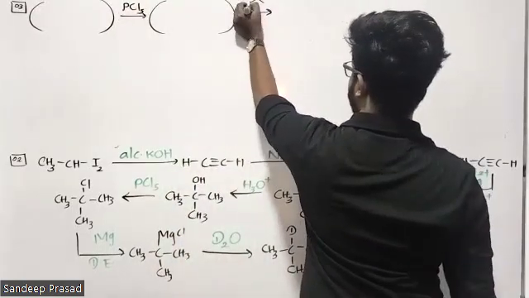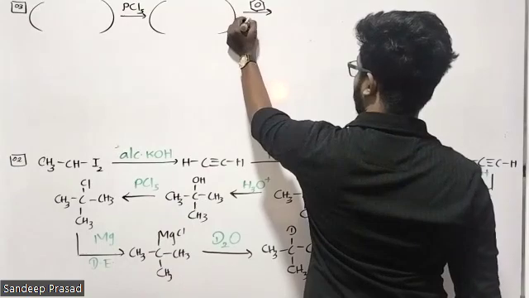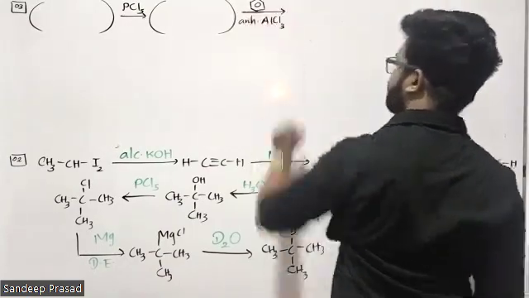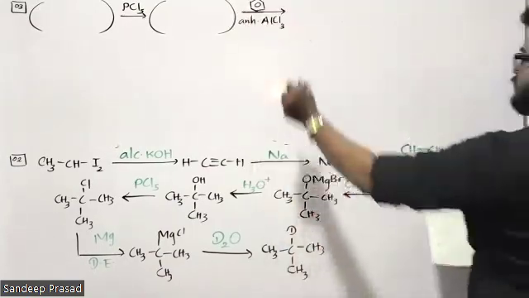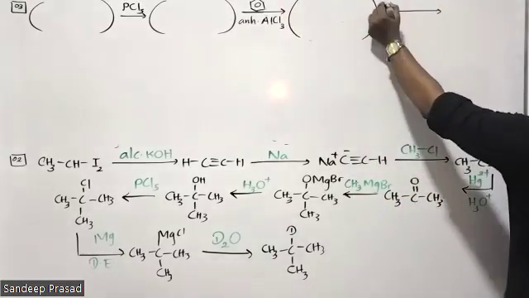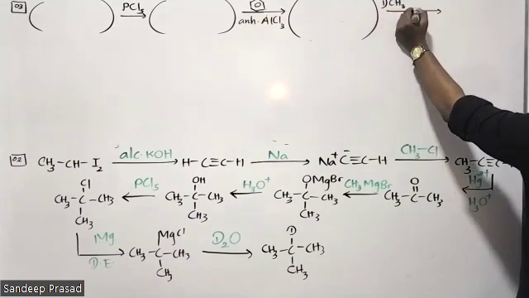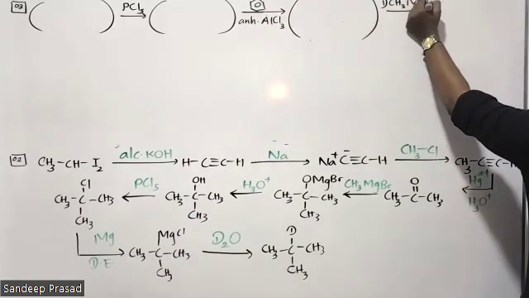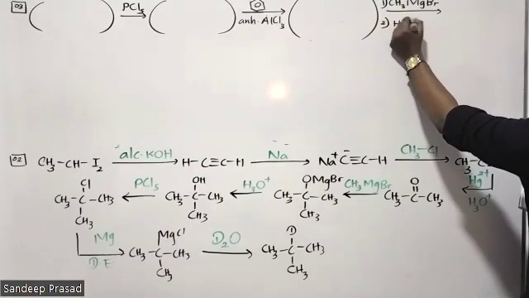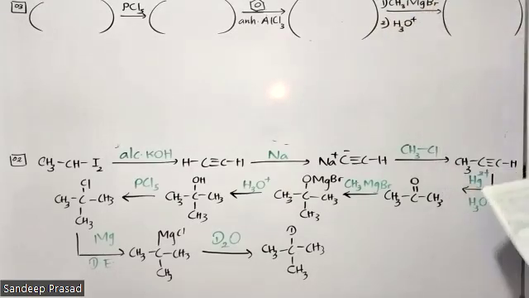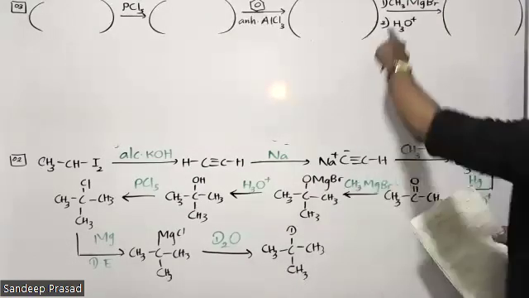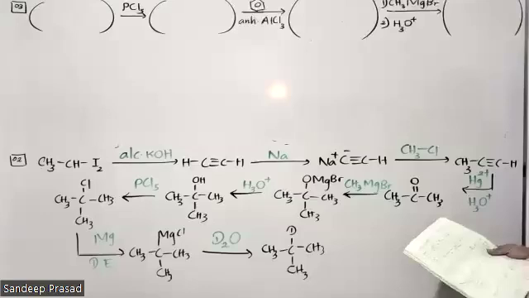So here we have added benzene ring and anhydrous aluminum trichloride. So here CH3MgBr, secondly H3O plus. Okay, so this is CH3MgBr and H3O plus. You can see that one.